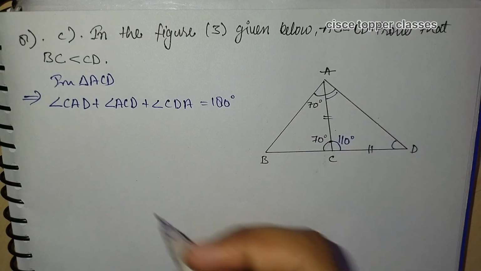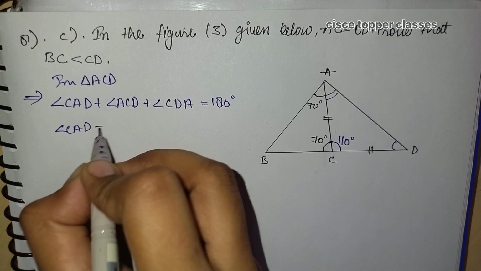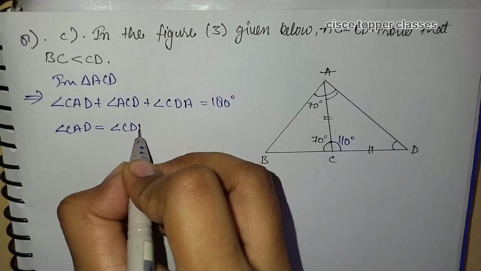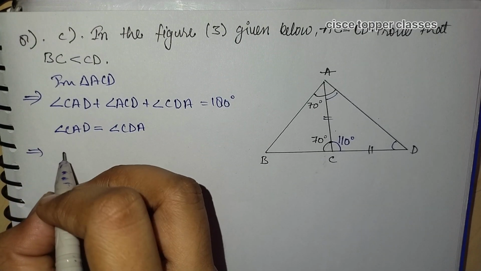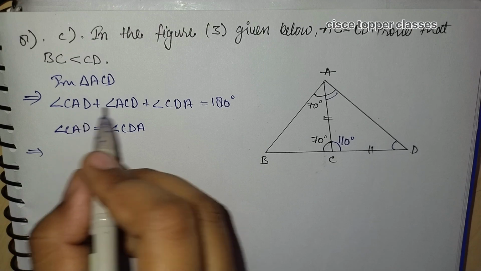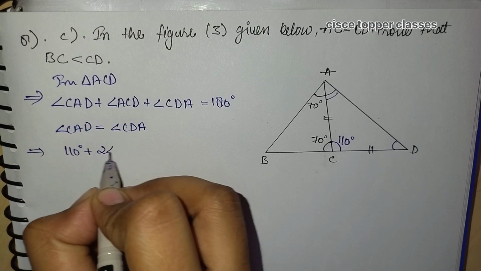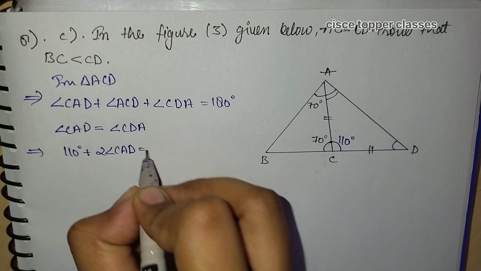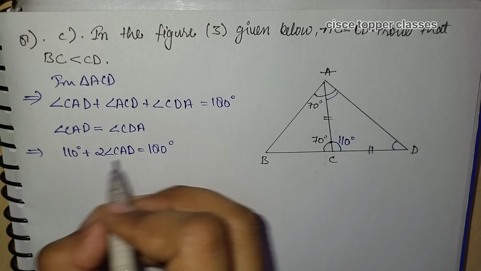So opposite angles will be also equal, means angle CAD is equal to angle CDA. So we can write ACD is equal to 110 degree, and this will be 2 CAD equal to 180 degree minus 110. Means from here we can find the value of CAD.